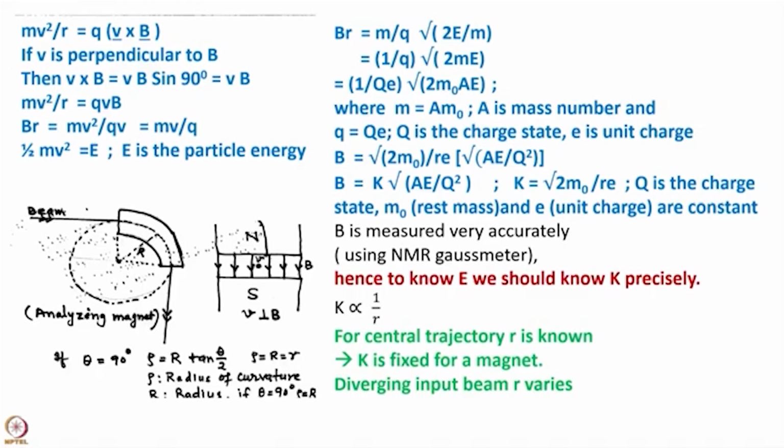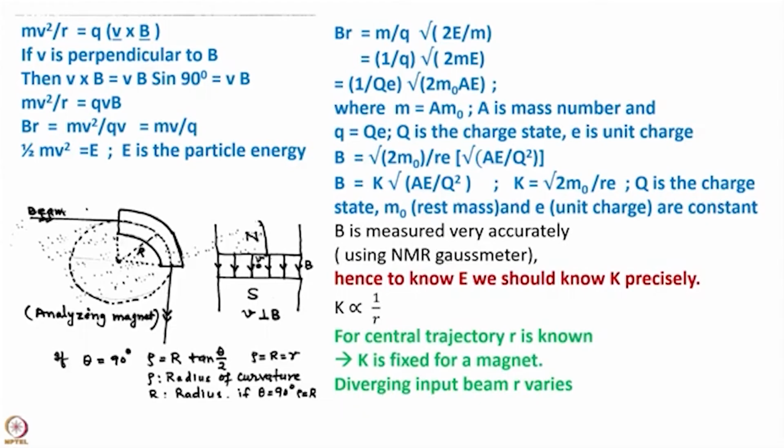So B is known. If you know this equation and the K value, then you can find the energy of the particle and of course the magnetic field accurately. If you know the charge state and the mass number, then the energy of that particle can be known very accurately. Here the energy will be accurate if B is accurate, but B is measured very accurately using an NMR Gauss meter, whose accuracy is of a very high order.